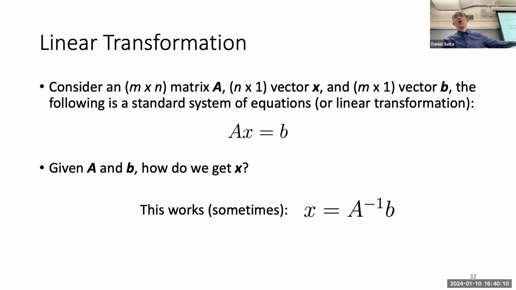So how does this work all the time? What happens if A is not square? What if the inverse doesn't exist? Yeah, so this works sometimes, but other times you might have to do some other things if you want to get a solution.